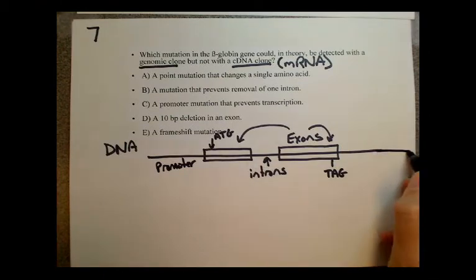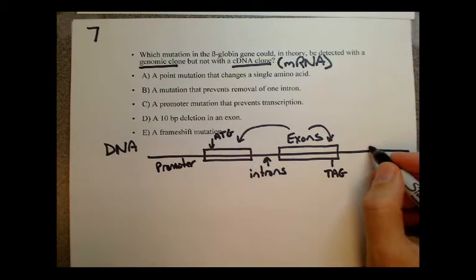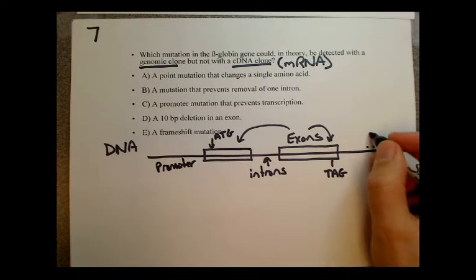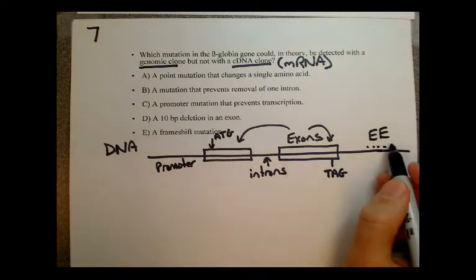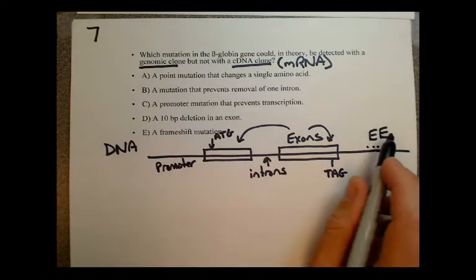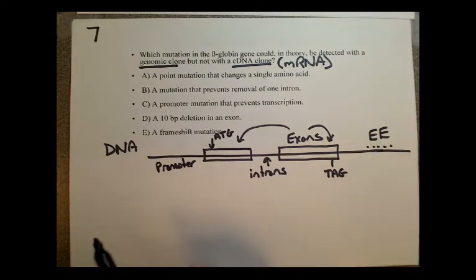And then furthermore, there can be other things like enhancer elements, which can be located upstream or downstream of the genes and are important in making sure that these things get expressed at the right times and in the right places.